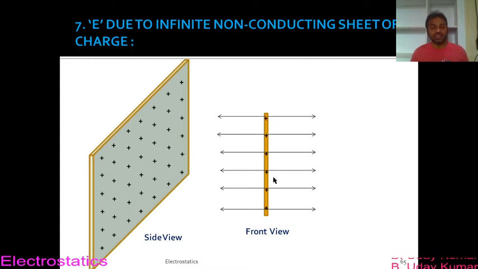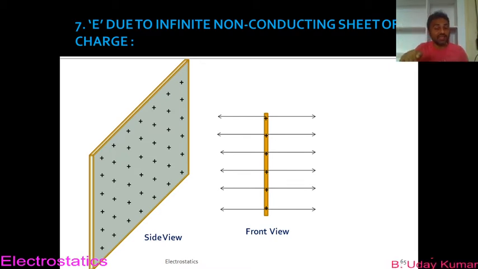In this case, they will be traveling only towards right and left, because it is made of a sheet of charge. If there is a point charge, all the electric lines of force will be directed in all the directions.